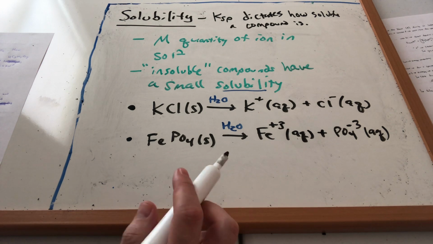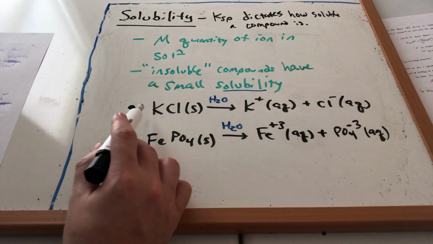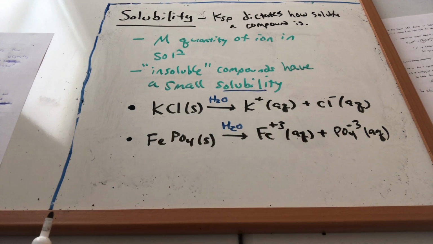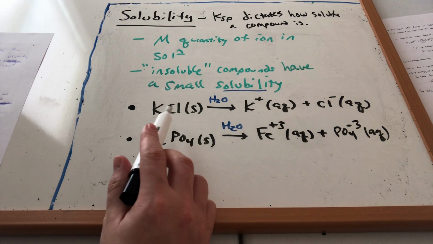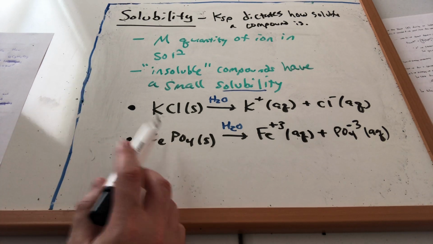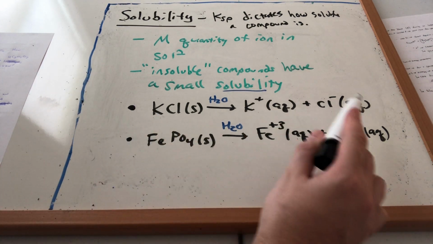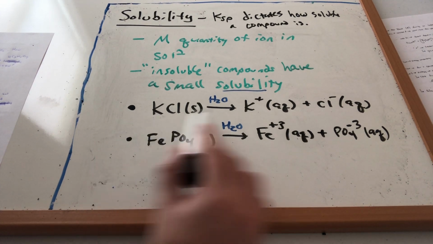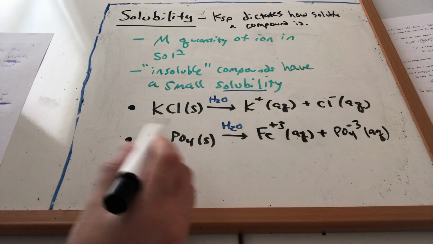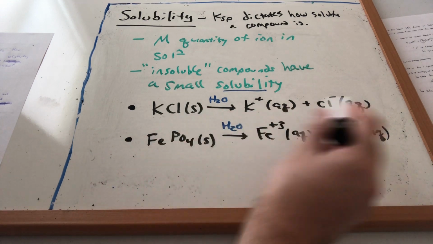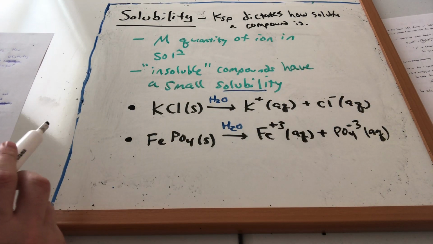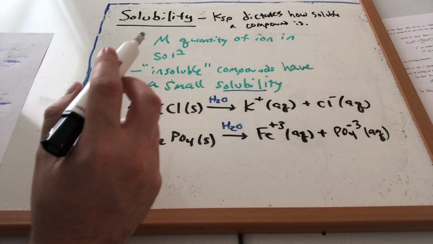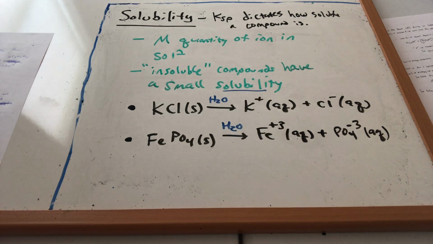Okay? Now that we're through equilibrium, soluble species are strong dissociations. They have an equilibrium constant that's so big that they just go completely to the right-hand side. So when we look at a reaction like the top one here, KCl, it's a soluble species, so it's good to write it as a forward reaction. It's a strong reaction. Soluble species have strong dissociations.